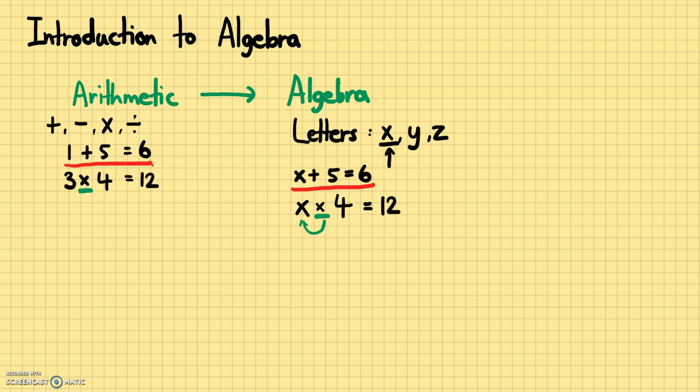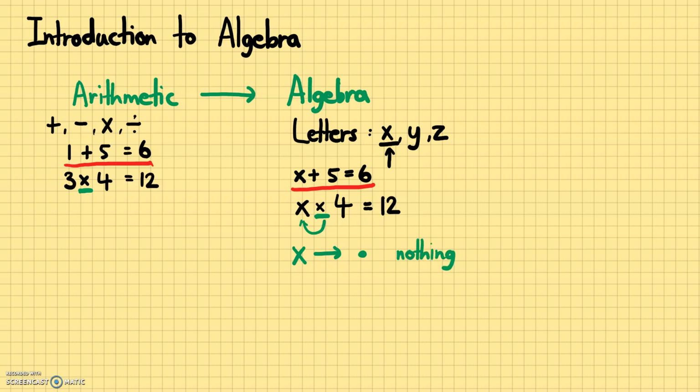So in algebra, instead of using a multiplication symbol, we use a dot, or just nothing. Let me explain what that means.